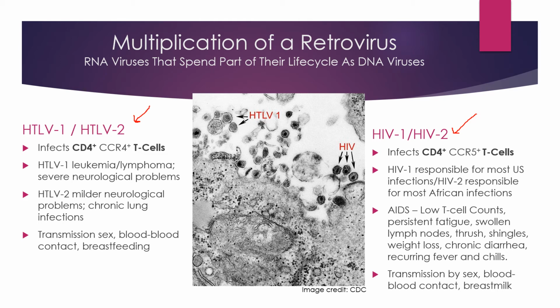HTLV1 causes a rapidly developing and often fatal leukemia in 4 to 5% of infected adults. It's also known to cause debilitating neurological problems and infectious dermatitis. HTLV2, on the other hand, causes milder neurological problems and is associated with chronic lung infections.